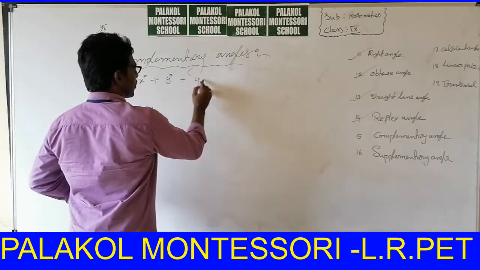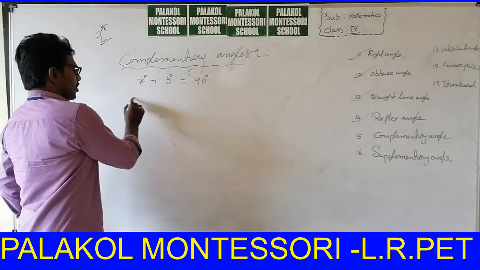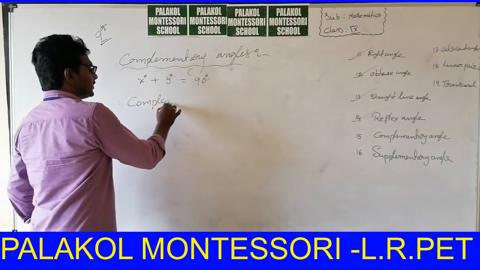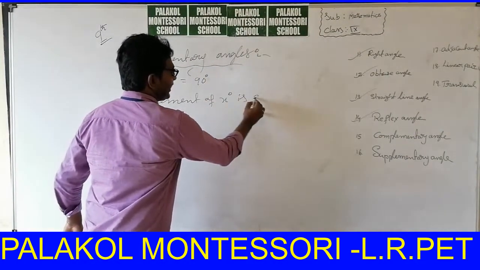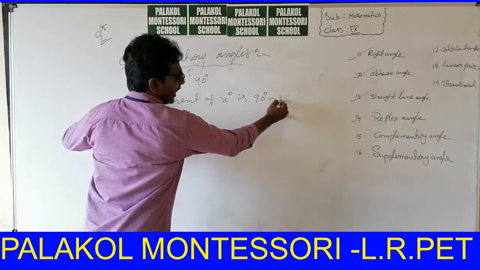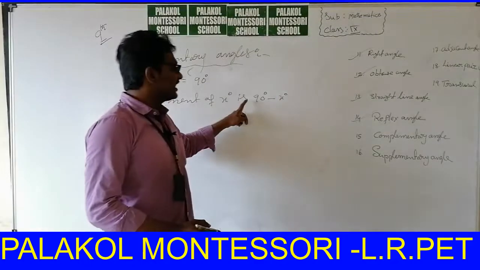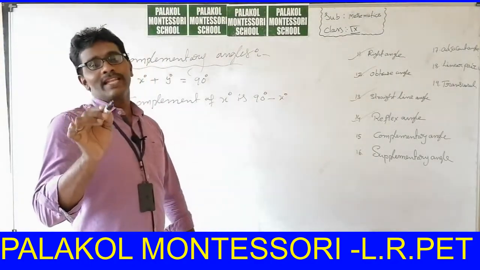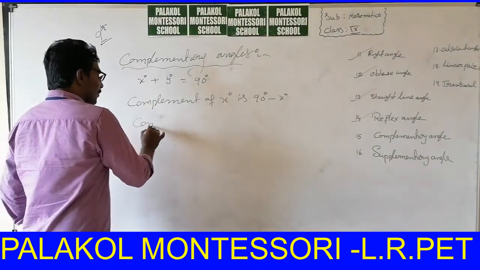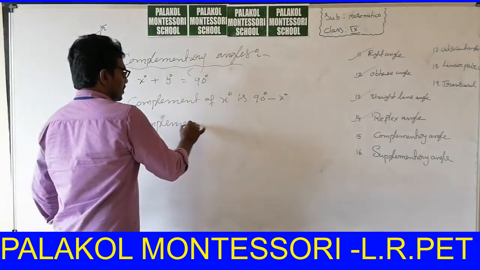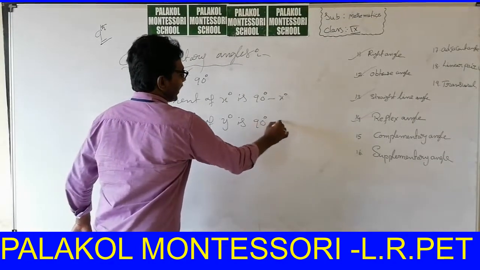Those angles are called complementary angles. So the complement of x degrees is 90 degrees minus x degrees. Is it clear? Next, the complement of y degrees is 90 degrees minus y degrees.